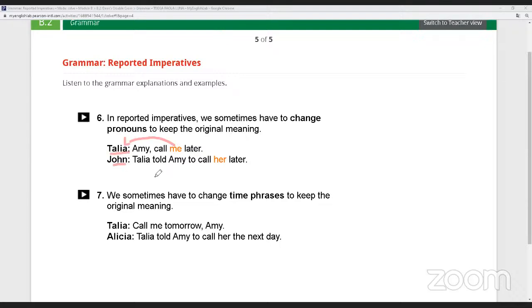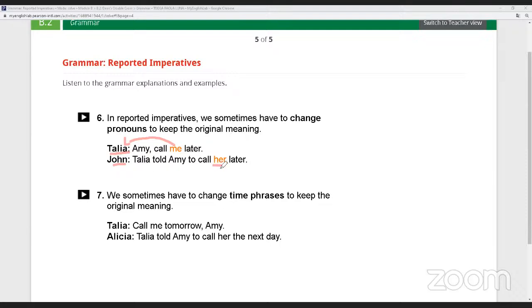But John is going to listen, and he's then going to tell another person, I don't know. But he's not going to say, Talia told Amy to call me. No, because it's not part of John. The only thing that John is doing is to report. He's reporting. So we have to change the pronouns.